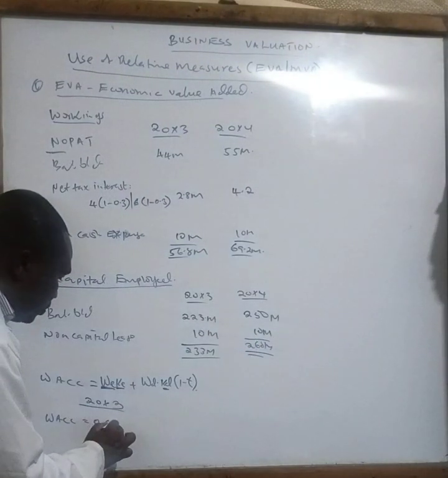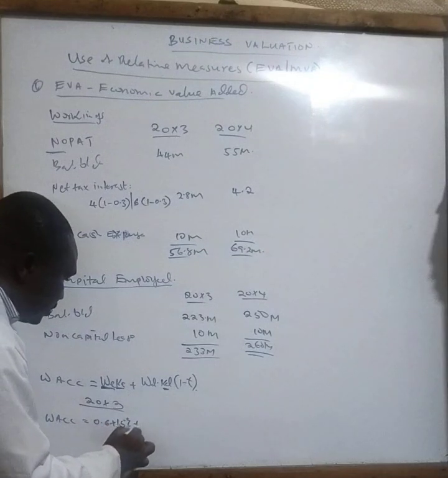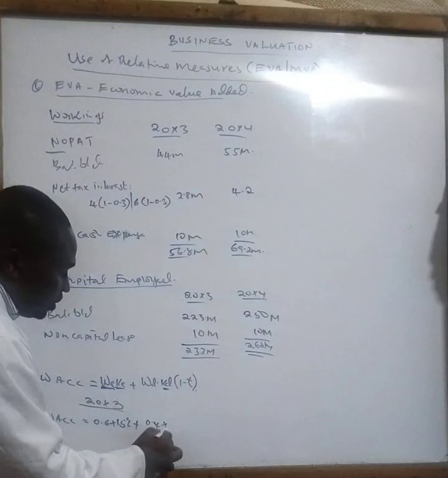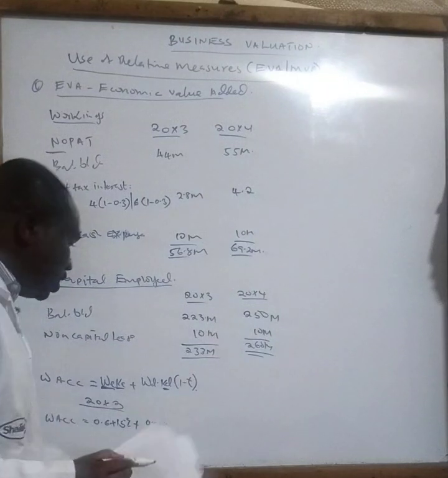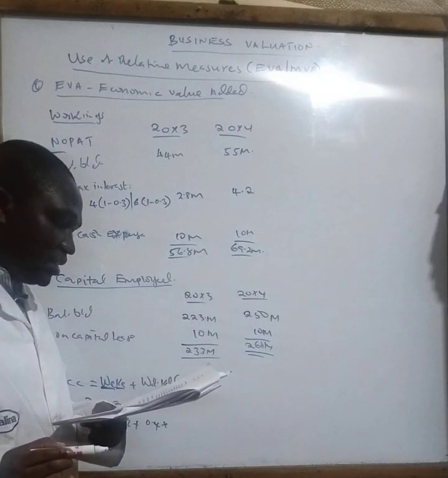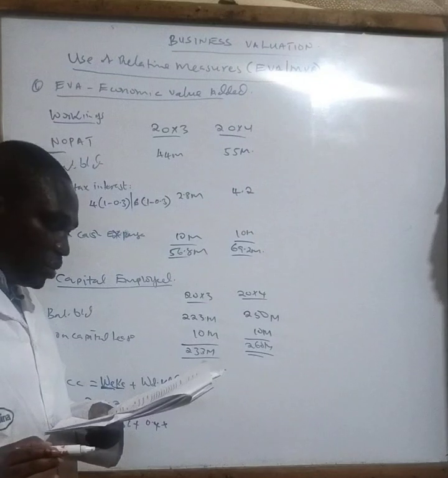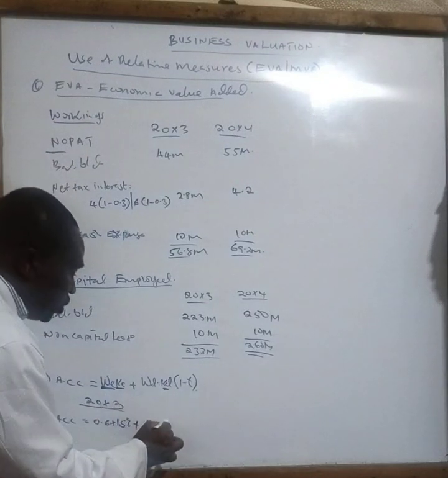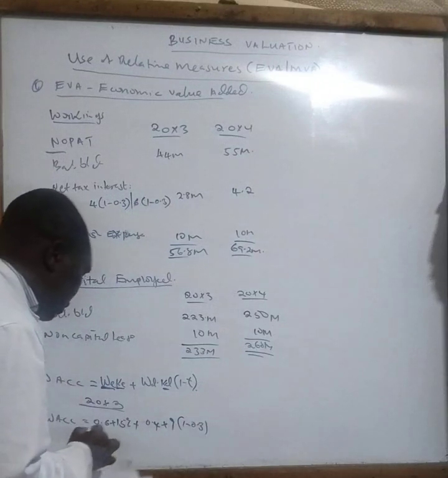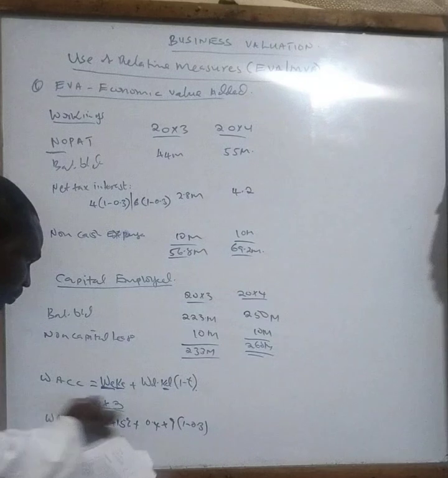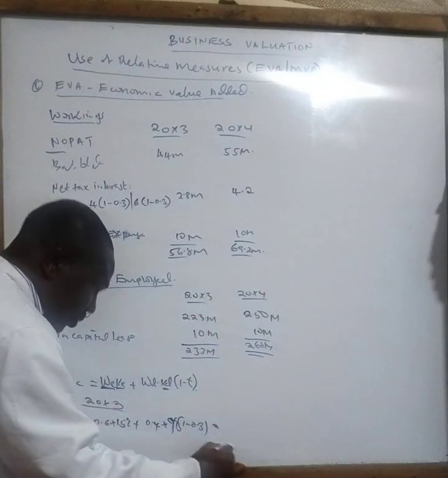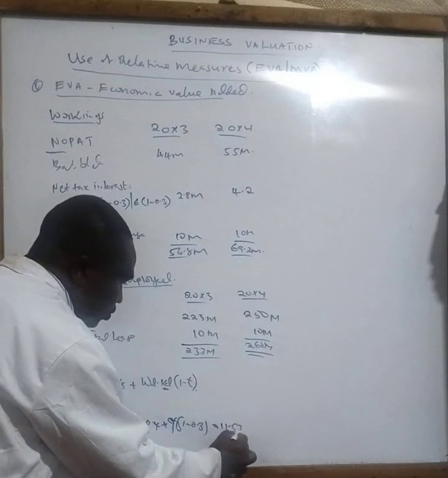Multiply by 15% plus weight of debt, we have been told is 40%, 0.4 times cost of debt. For 20x3, cost of debt according to additional information C is 9%. So you multiply by 9%, but it's affected by what? Tax. So if you work this particular element properly, substitute this properly, your answer you will get is 11.52%.